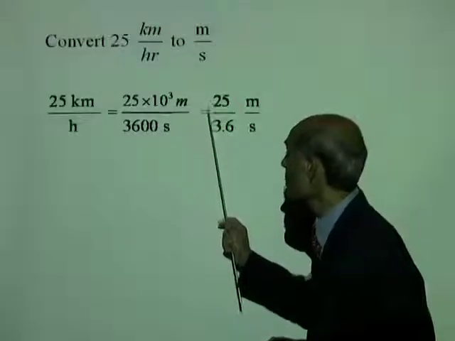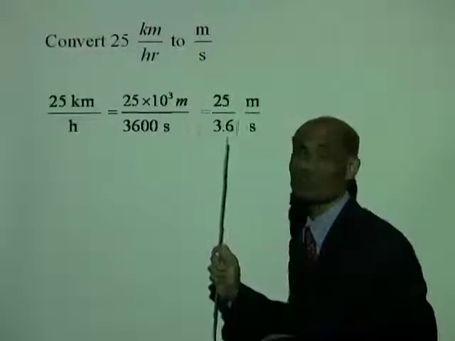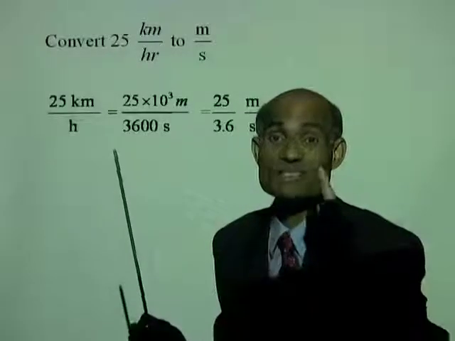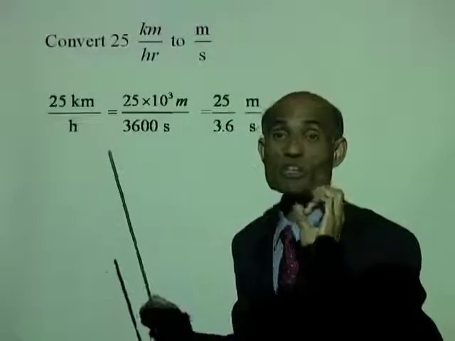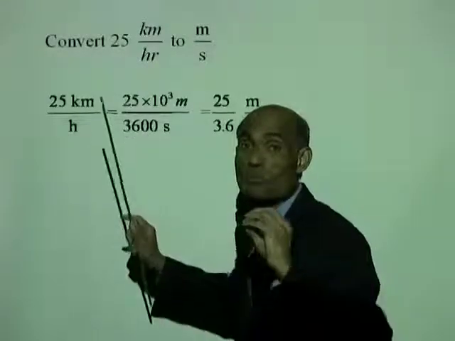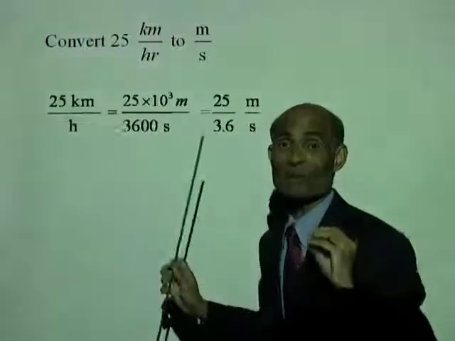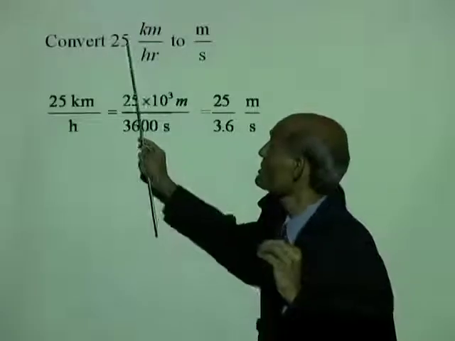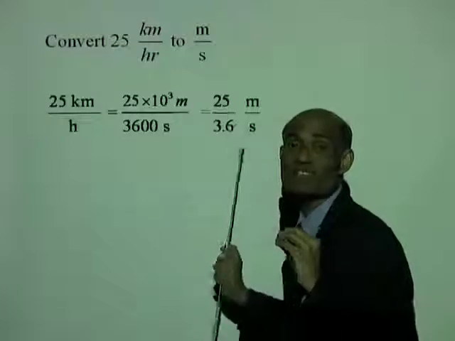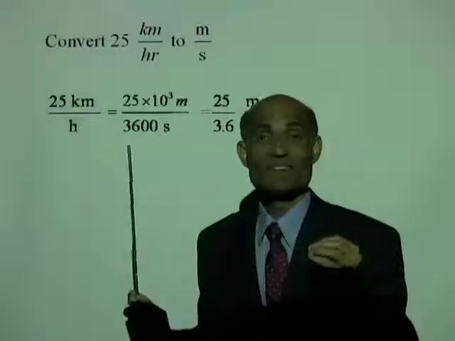Now, you will ask me, why did I write it like this? Well, I wrote it like this for one reason. In order to convert kilometer per hour to meter per second, all you need to do is divide that number by 3.6, isn't it?